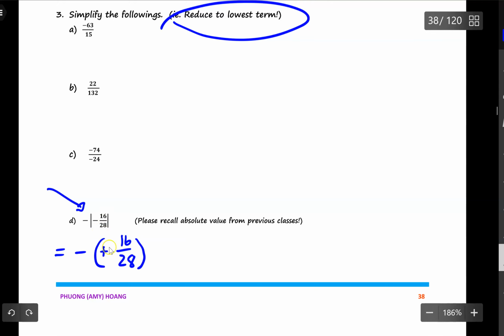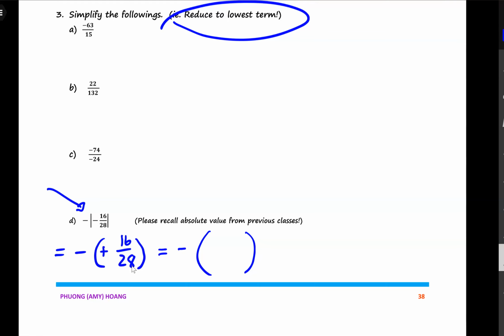The magnitude of this would be a positive 16 over 28. Now you apply the calculator to figure out 16 over 28 as a fraction in lowest term. In this case, I should have 4 over 7.